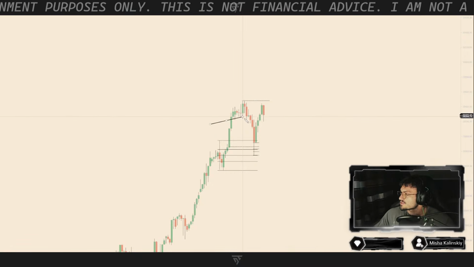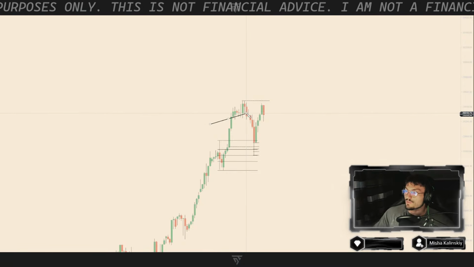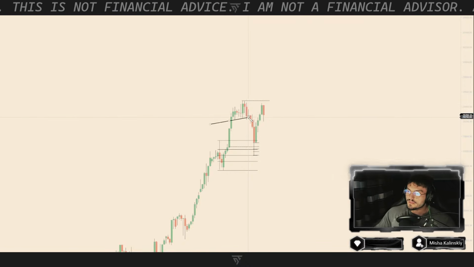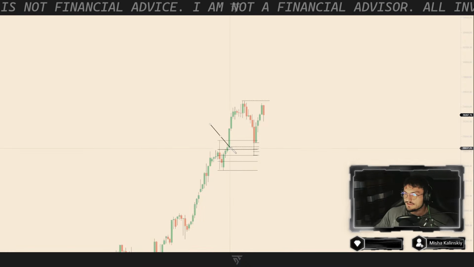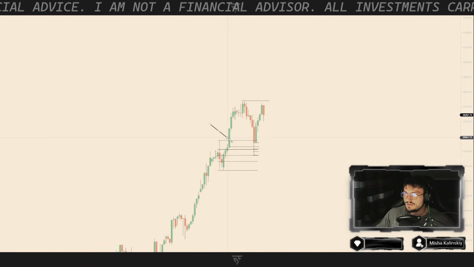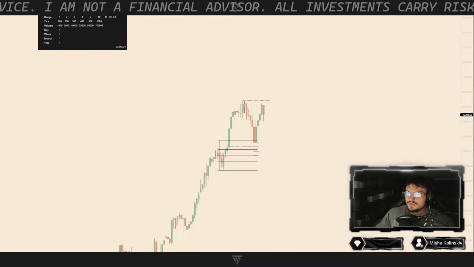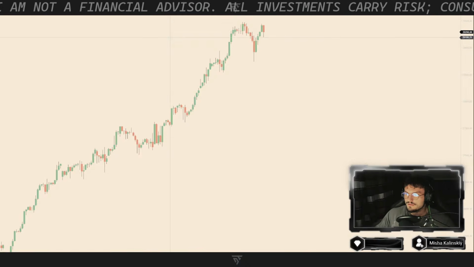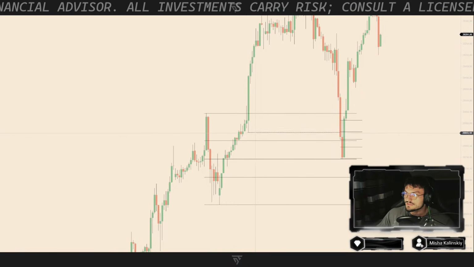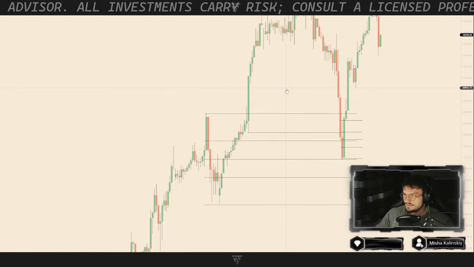We actually caught a short here yesterday. Really nice short, profited, and price went exactly down to our targets. This low over here was our target. I'm pretty sure it was an hourly. Yep, an hourly low. The zone at the top of the range, for anyone wondering.